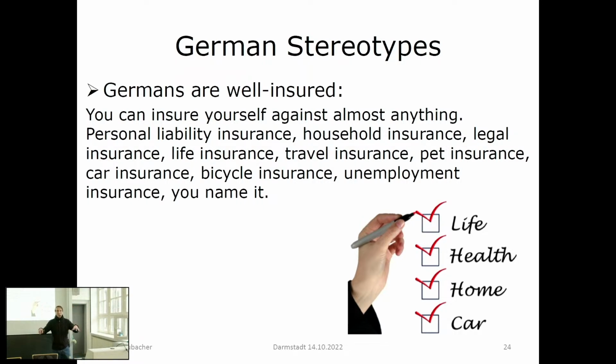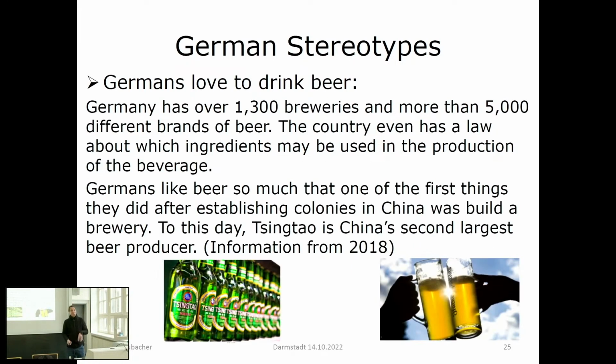So insurance agencies are helpful, but make sure that you really can use them. Like no bicycle insurance. No pet insurance, right? If you don't want to retire in Germany, probably don't agree upon a private retirement insurance or something. But if you want to get insured for anything, you will find an insurance, right? So that's a stereotype that's definitely true.